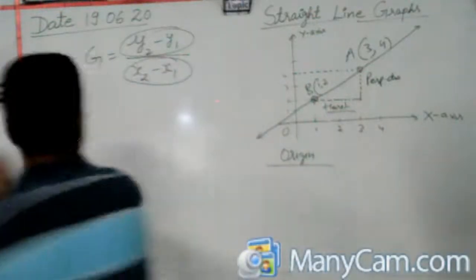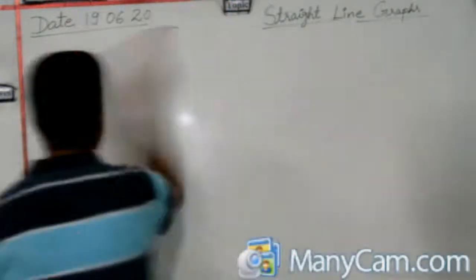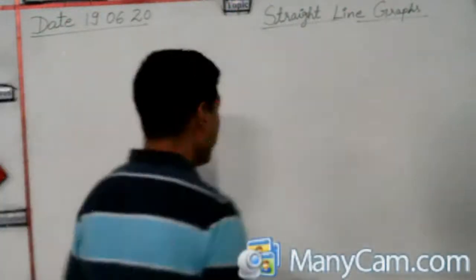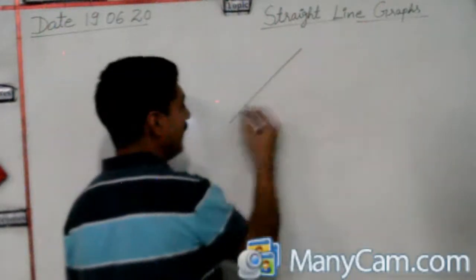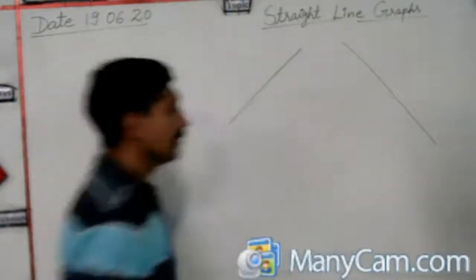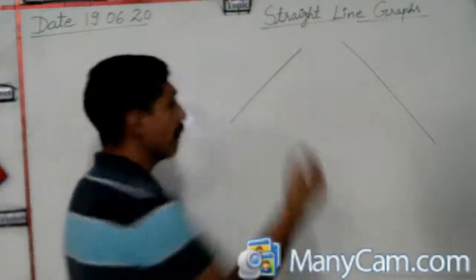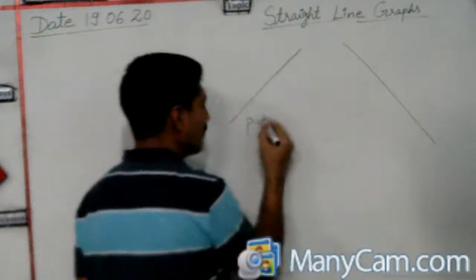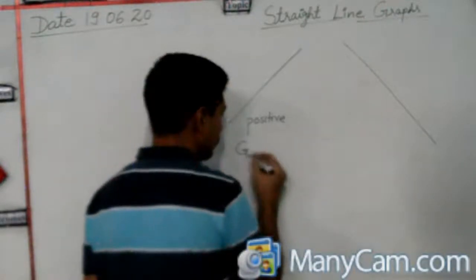So we have discussed, if this is a line and one more line here, this line has a positive slope, a positive gradient.